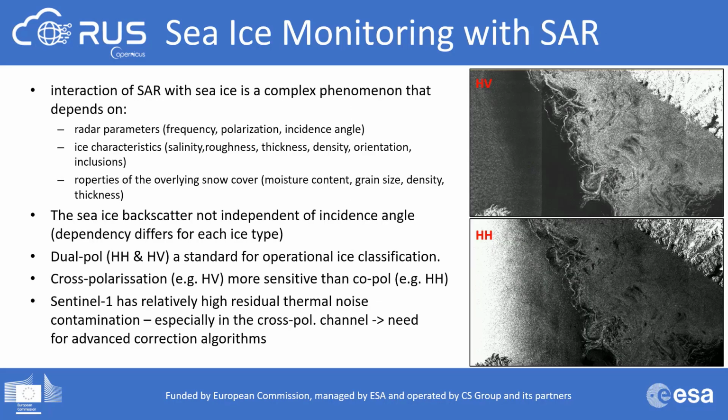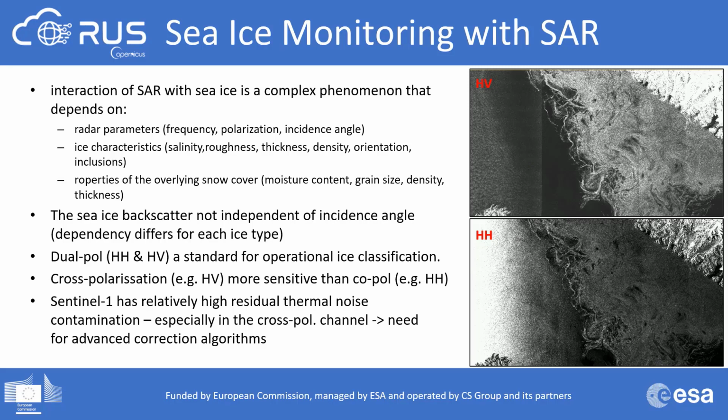Now, when we look at SAR data, the interaction of SAR with sea ice is a complex phenomenon that depends on radar parameters such as frequency, polarization, or the incidence angle, but also on the ice characteristics such as salinity, roughness, thickness, density, orientation, or inclusions and impurities, and also on the properties of the overlying snow cover.